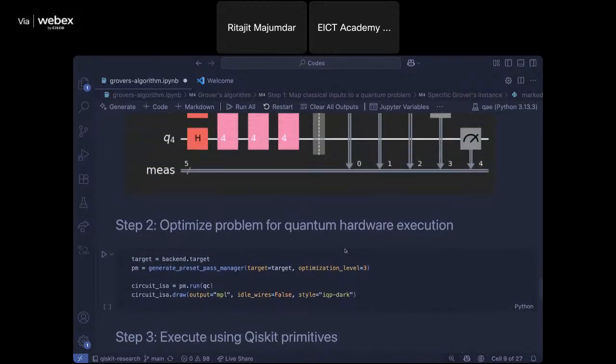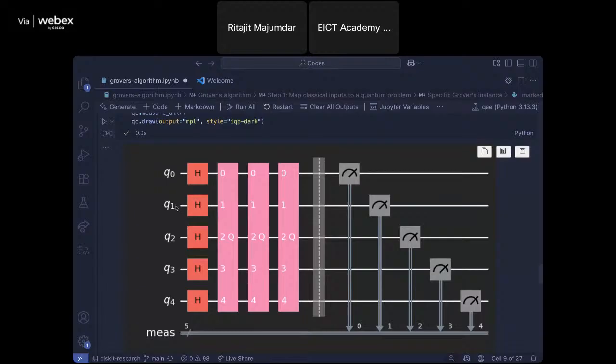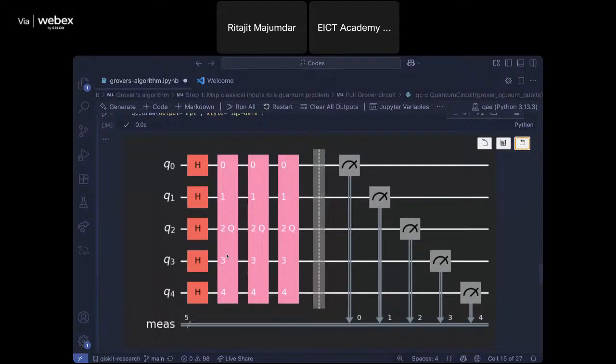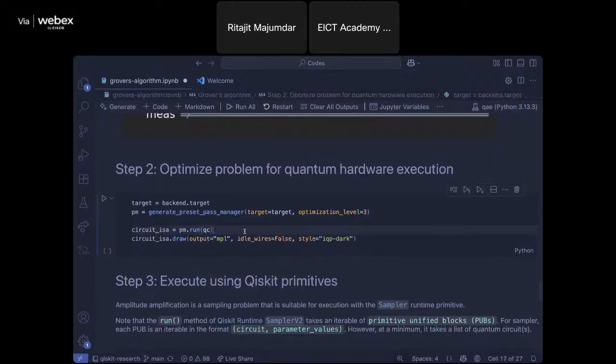This is a very small 5 qubit case. You can very easily solve it on a classical computer. Even if it's a combinatorial optimization problem with say 5 nodes in a graph, it's very easy to solve classically. But we are going to take that as an example here.